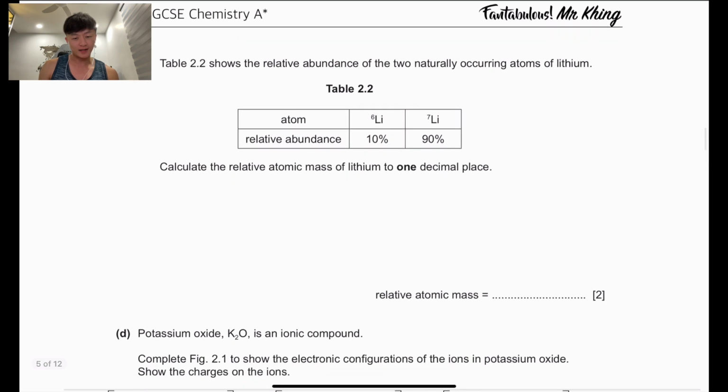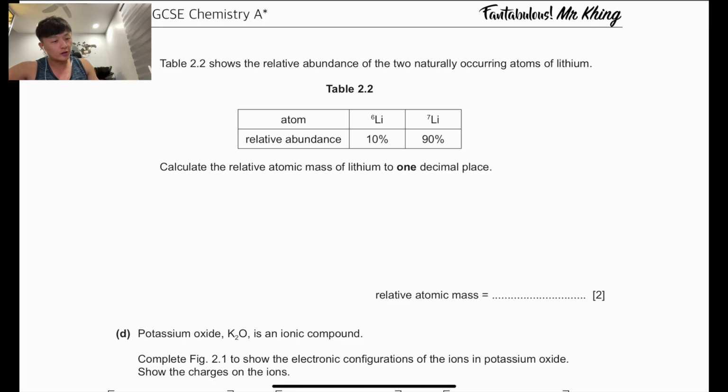So next, you are asked to look for the relative atomic mass. You see, given here, the atoms with atomic mass 6 are 10%. The one with atomic mass 7 is 90%. Given it's 100%, how do we look for the average? Average based on the percentage or the composition.